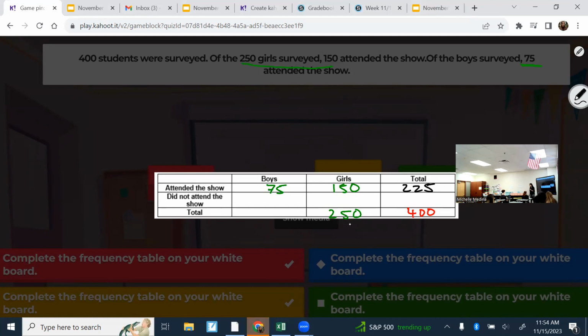What else can I fill in now? The total boys right here. I can't figure it out from the column, but I can figure it out from the row. What math do I do? Okay, good. What else can I figure out now? All the middle ones. Whichever one you want to start with.